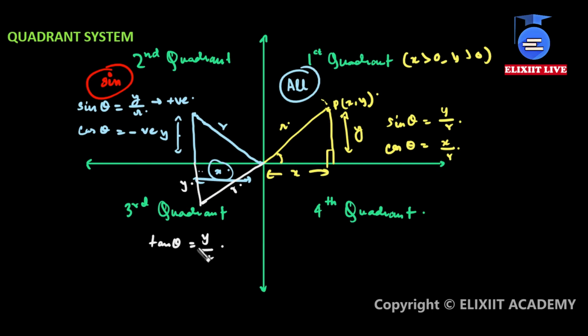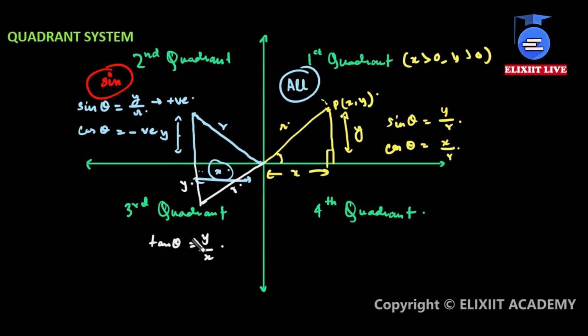All other t ratios are negative. Sine theta is negative because y is negative, and cos theta is also negative because x is negative. Only tan theta is positive due to this idea that minus minus cancels out. We have y by x over here. Simple.